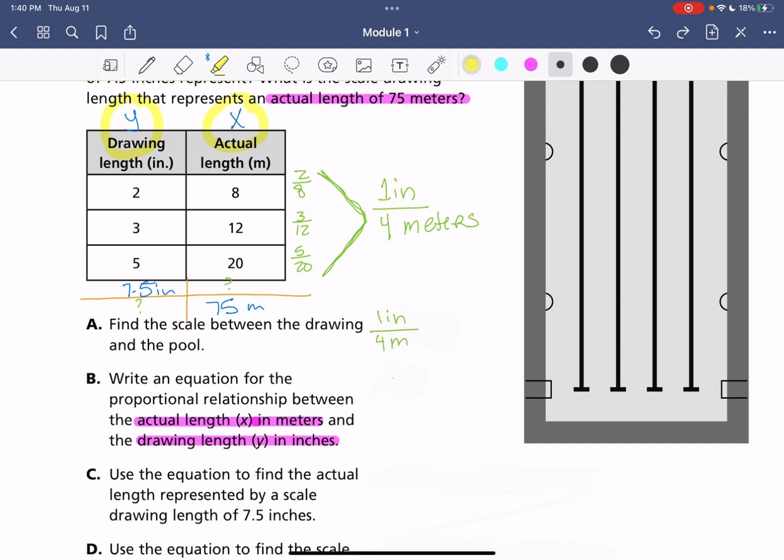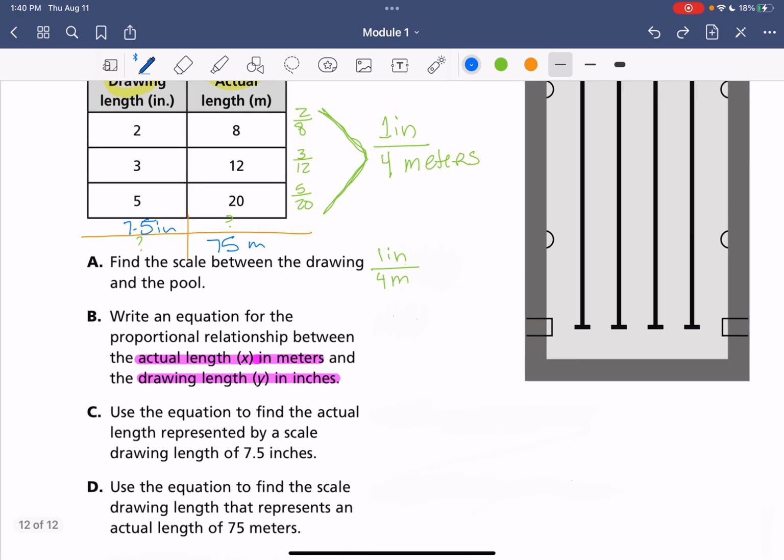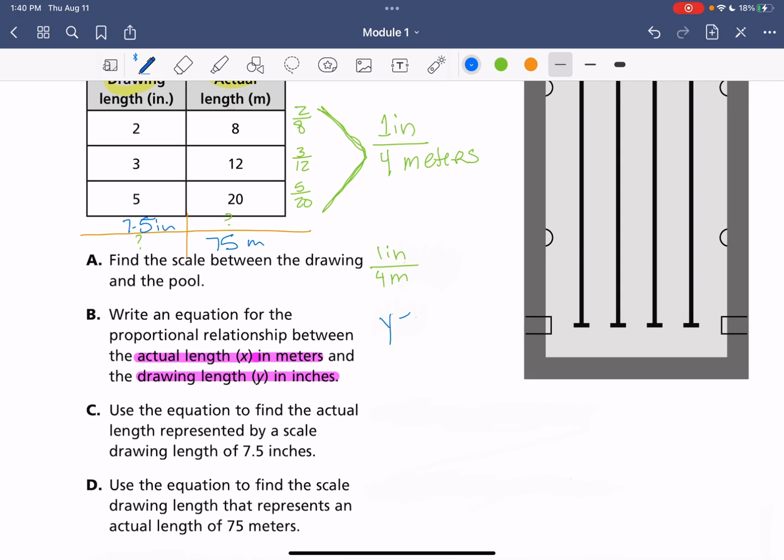And then we need to write an equation. So that is our y equals kx, where our y is talking about our inches and our x is talking about our meters. And I'm getting that information from right here. We found our k, our rate of change, that scale between the drawing and the pool, and that's going to be 1/4.